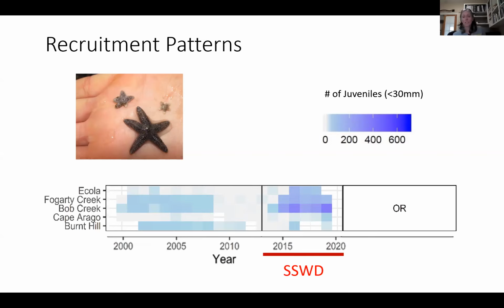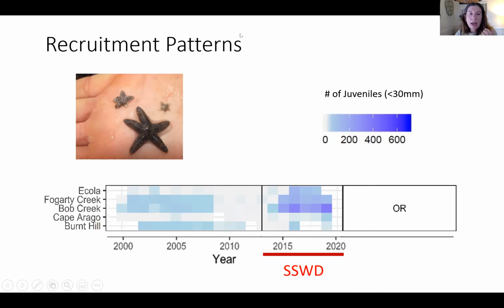I think it's just a good site for recruitment. And I know Bruce Menge has done a lot of work looking at recruitment patterns on the Oregon coast, so his papers would be a good resource to see what the general trends are for recruitment along the Oregon coast.